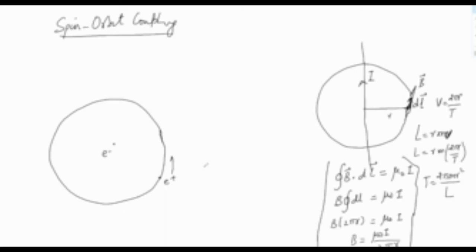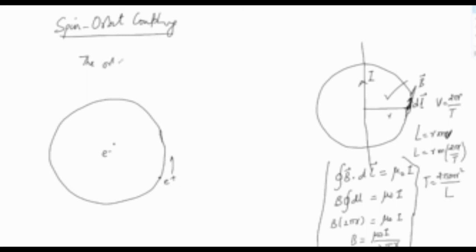And the distance would be the same, because whether you consider the nucleus sitting at rest with the electron revolving around it, or you assume that the electron is at rest and the positron is revolving around it, that r would be the same.